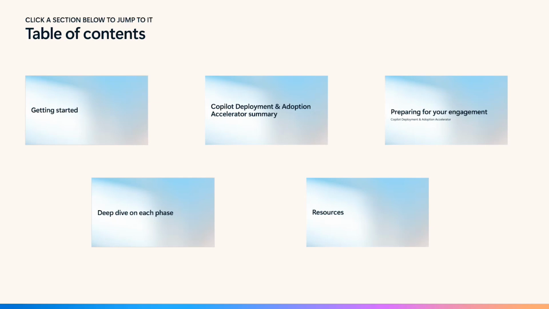We'll talk about how Copilot can give clients and many companies productivity and encourage people to save cost. And then we will talk about the Copilot deployment and adoption accelerator summary. Then we will talk about preparing for the engagement, a deep dive on each phase, and I will provide you some resources. There are many resources in this presentation today.